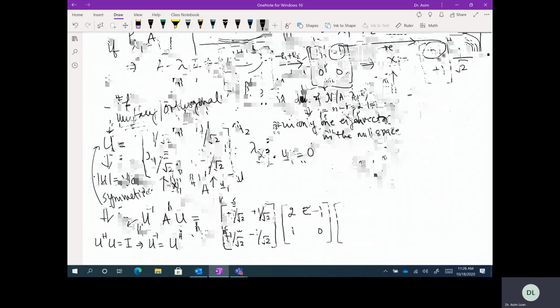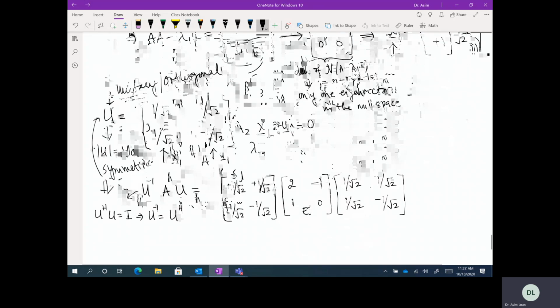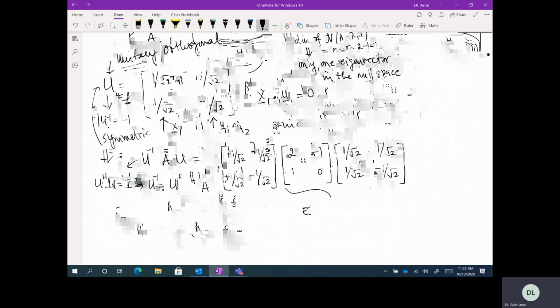Okay, and U is 1 over root 2, 1 over root 2, 1 over root 2, minus 1 over root 2. If I multiply this out first, because of this 1, 0, I am only taking the first row. So this is 1 over root 2, 1 over root 2.